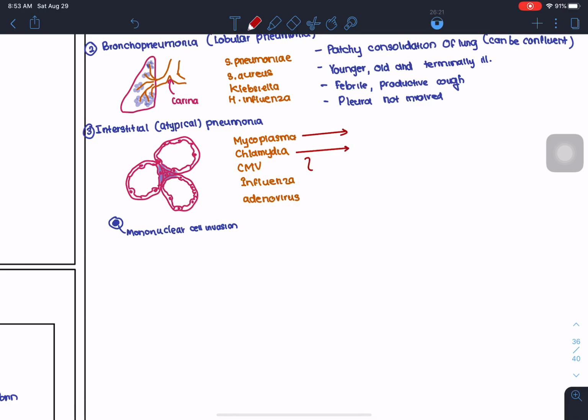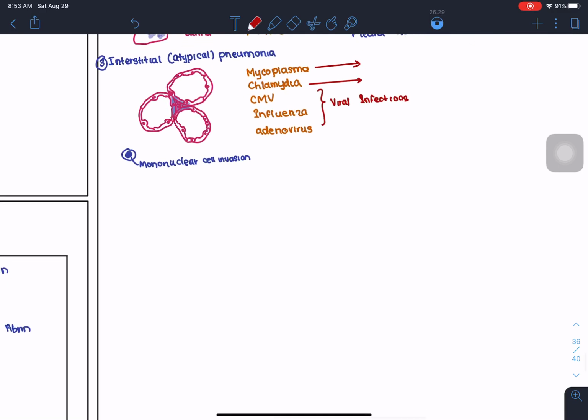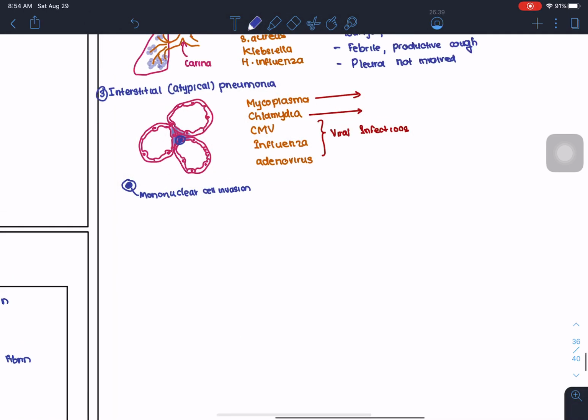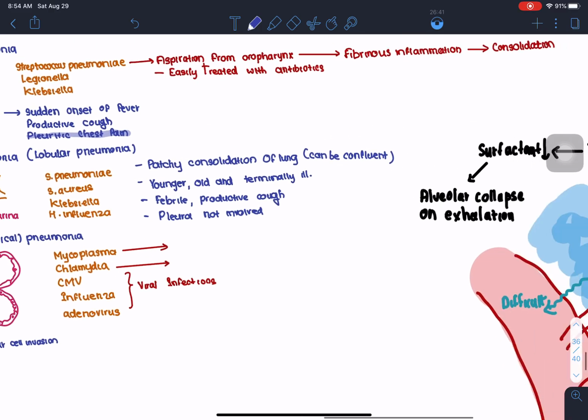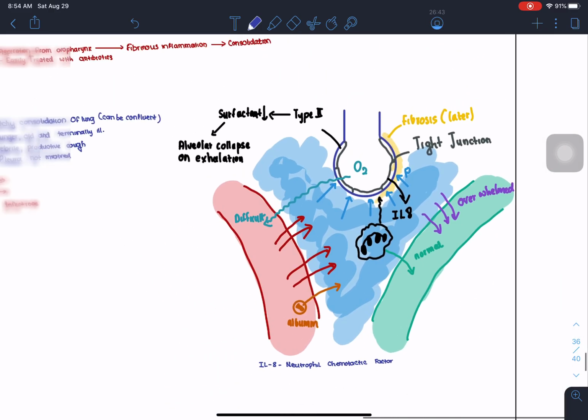Also, you can get it with viral infections. And you will see mononuclear cell invasion. What are these? Cells like macrophages, they go and invade this region. Because in the other types, you mainly get neutrophils. It's an acute reaction.